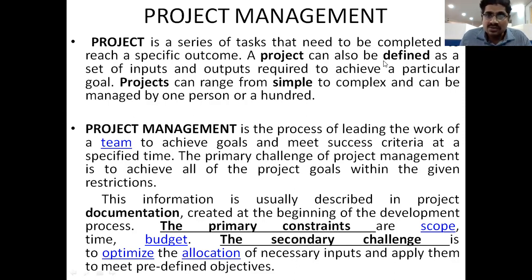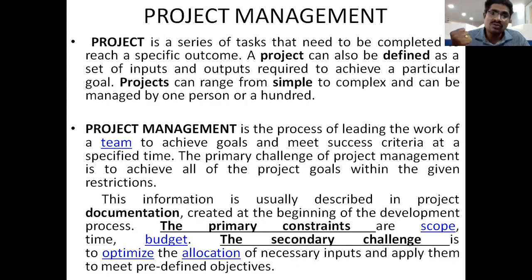A project can also be defined as a set of inputs and outputs required. Not only preparation of plans and future courses of action, but also preparation of the requirements: manpower, material, machinery, methods, men.